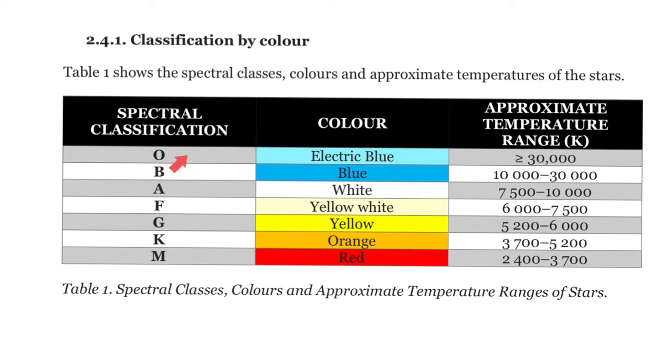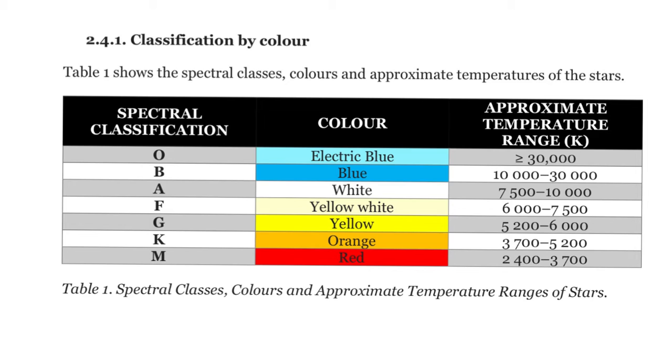So for instance, O, these stars have an electric blue color, which means that they have surface temperatures greater than 30,000 Kelvin. So these are super hot stars, up to 5 or 6 times hotter on their surface than the Sun.